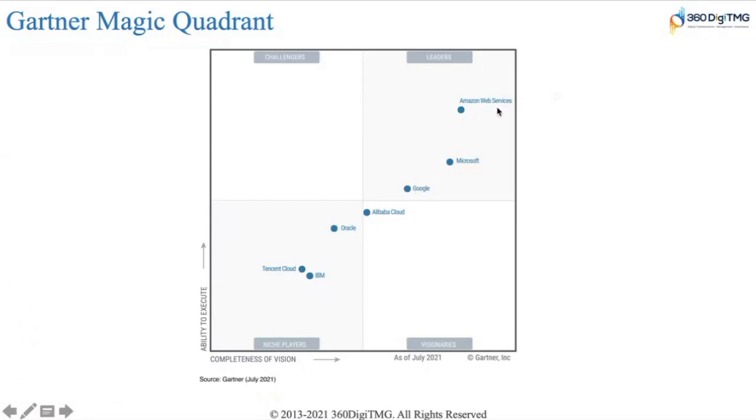AWS made its entry in 2012. Microsoft and Google comparatively launched their services more recently. And these three are high in demand in the market, and people, either solution architects or DevOps engineers or data scientists who can work on these clouds, are high in demand.